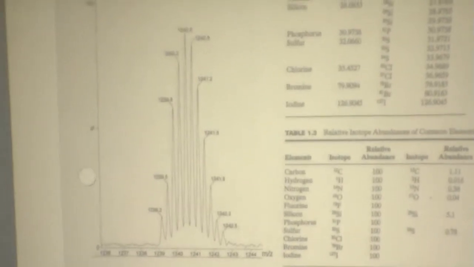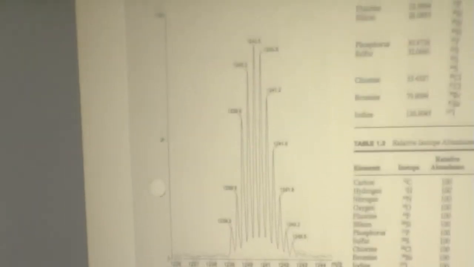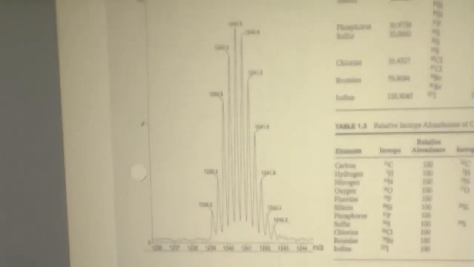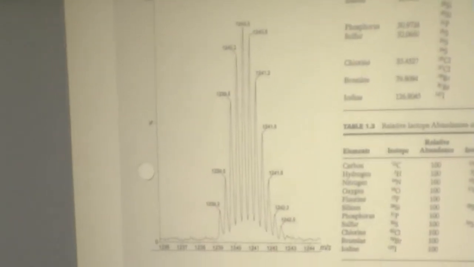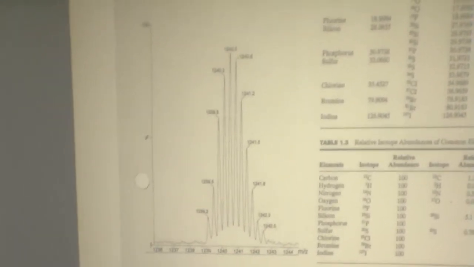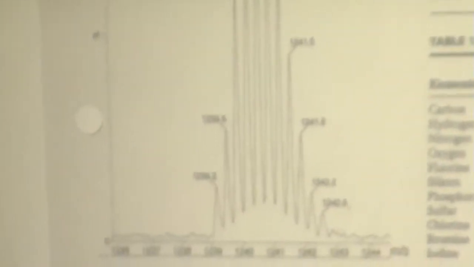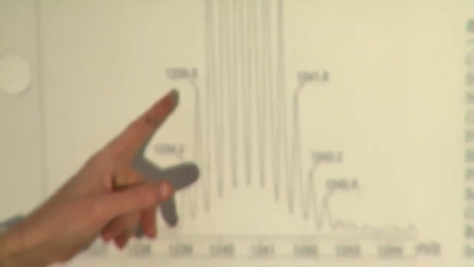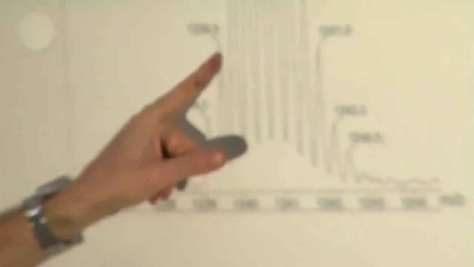Now, the first thing that one does in looking at this spectrum is say something's interesting here. You look at this spectrum and you say the lines aren't spaced by units. What's going on there? It's triply charged. The lines are spaced 1/3 of a mass unit apart, 0.3 apart, and every now and then 0.4 apart.